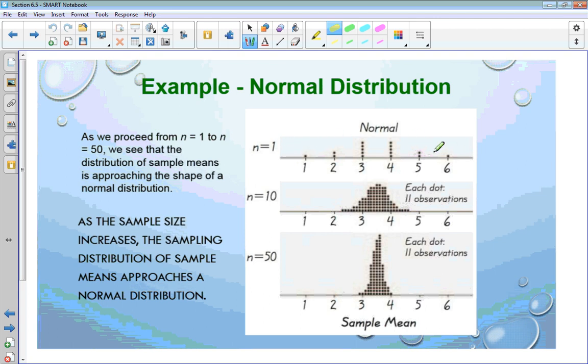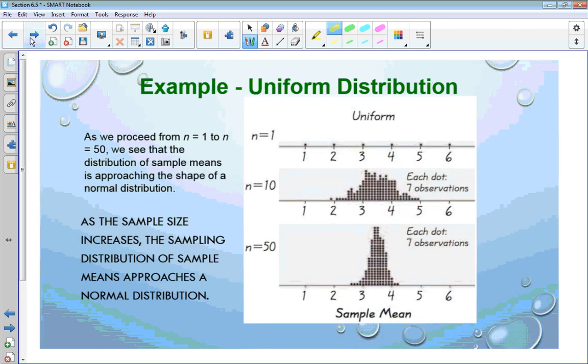Notice that this distribution is a normal distribution to start. So we know that the sample means are going to be normally distributed. And then we can see each one is different, and you can see the distribution here. And again, at an n of 50, we can see that nice normal distribution.